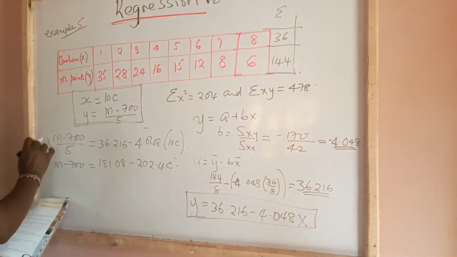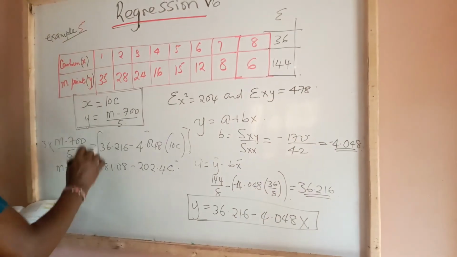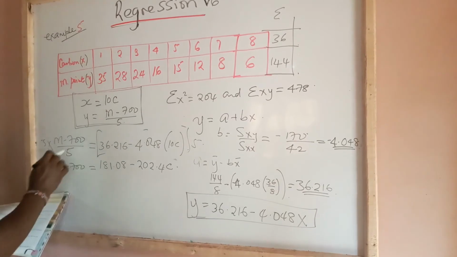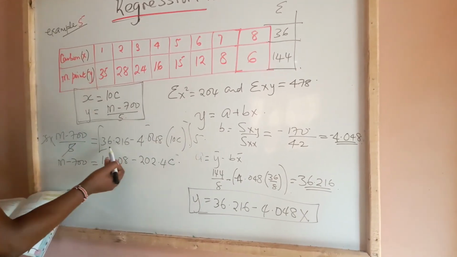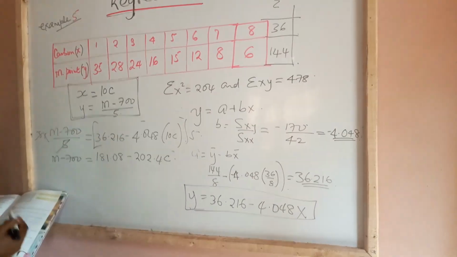Having multiplied everything by 5, the 5 on that side cancels out, and after opening the bracket, you will find that.